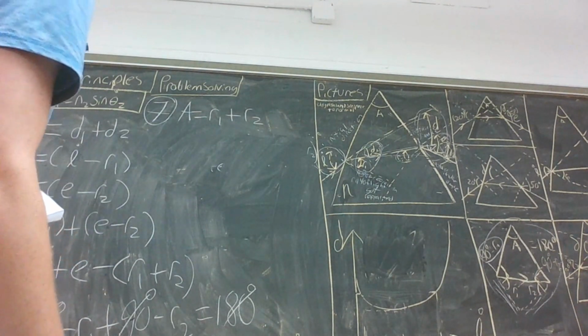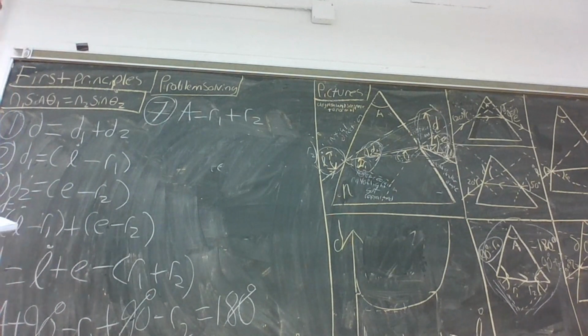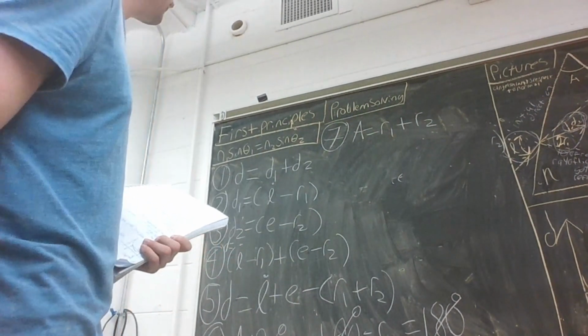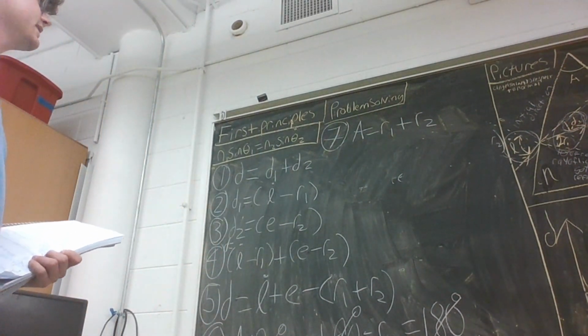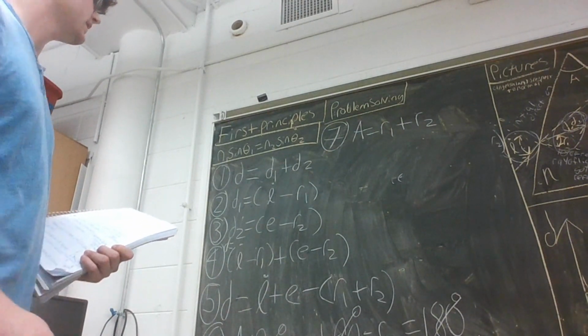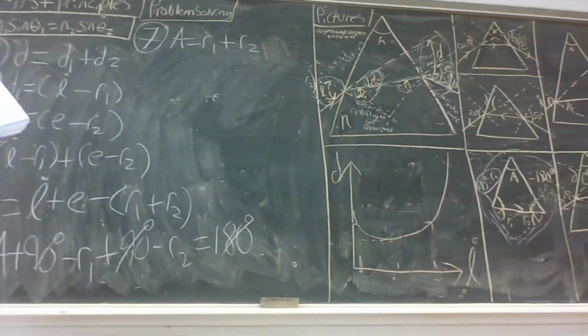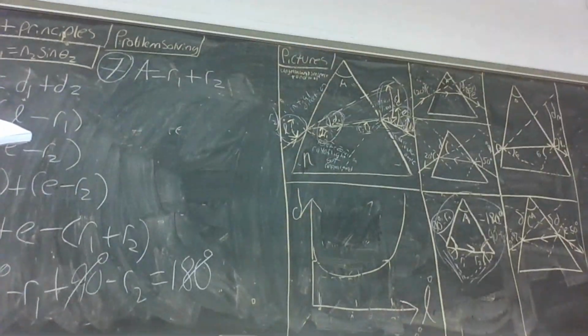Next, we're going to sub it back into what D equals, D1 plus D2. We have what D1 is equal to, we have what D2 is equal to, and now we have what R1 plus R2 is equal to. So now we can put that into our equation.